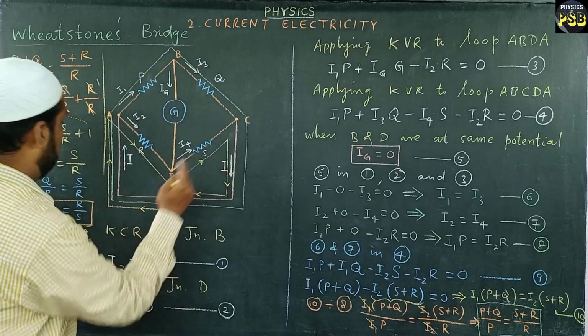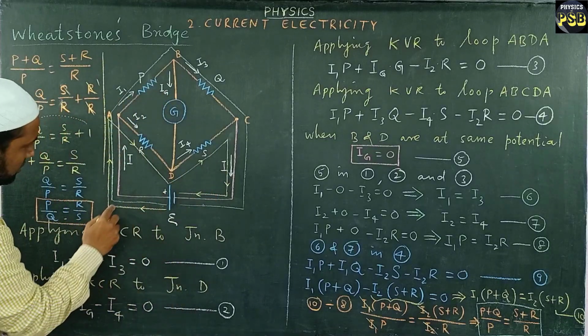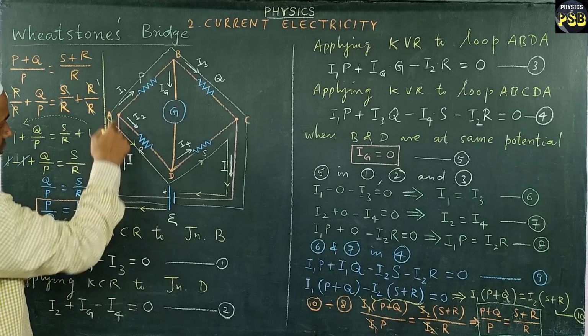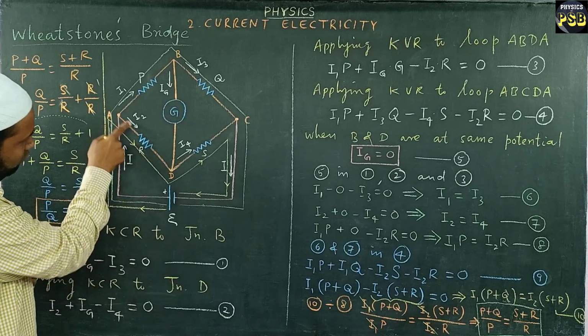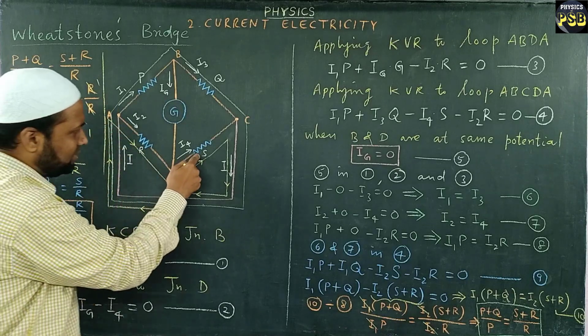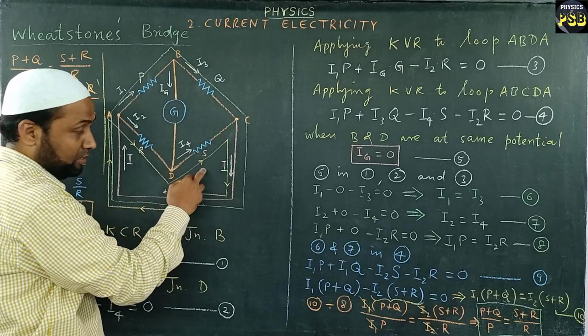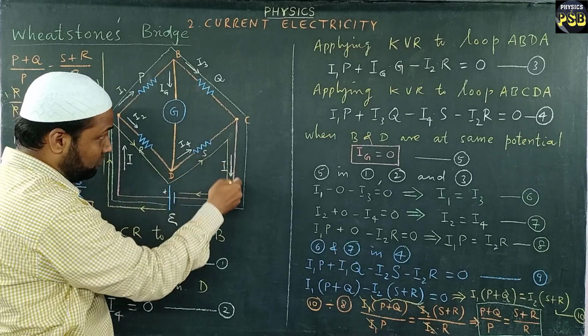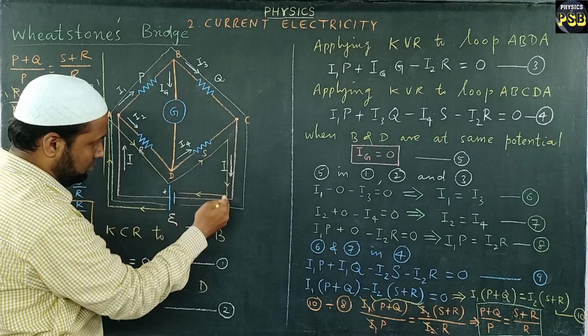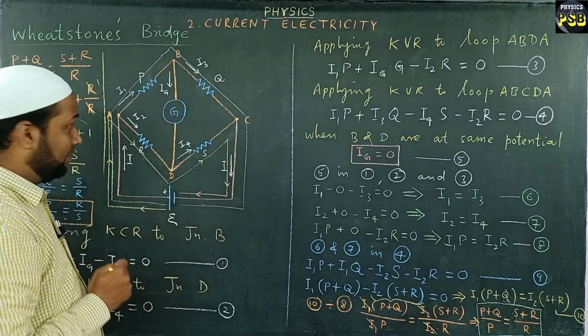This is how, see, start from here. That is why I flows in this direction. Then through R, I2 flows in this way. And through S, the direction of current is represented in this manner. And I here from C to the negative terminal is represented in this manner.